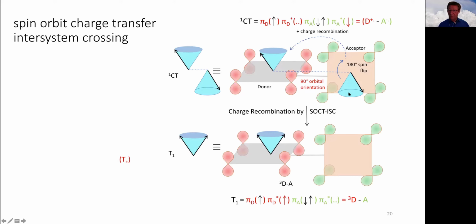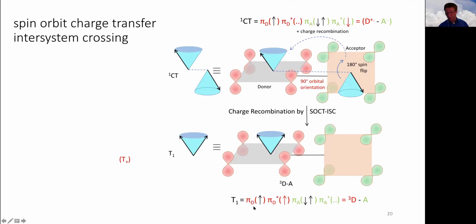So if we spin flip this electron, and it goes back to the donor, then you see that these orbitals are orthogonal. So orthogonal donor and acceptor systems clearly have a big change of orbital magnetic momentum, which can then compensate for the electron spin flip. And thereby we get again into a triplet state located, for instance, on the donor.